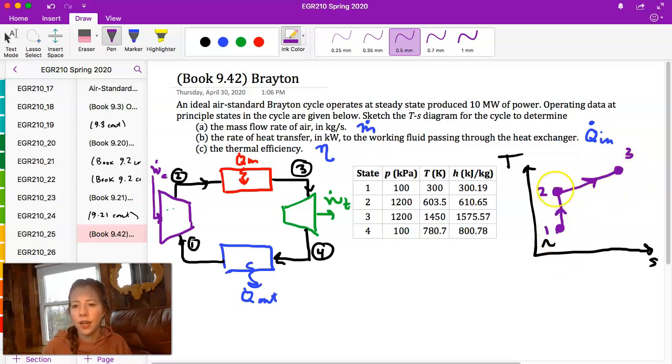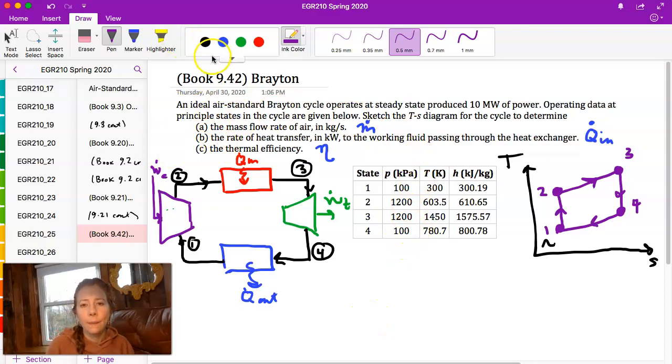The process from 1 to 2 through the compressor is isentropic, so delta S is 0. Same thing when we're going through the turbine, it's isentropic, so delta S is 0. And finally, we are going back through the heat exchanger and we get a decrease in temperature with Q out.